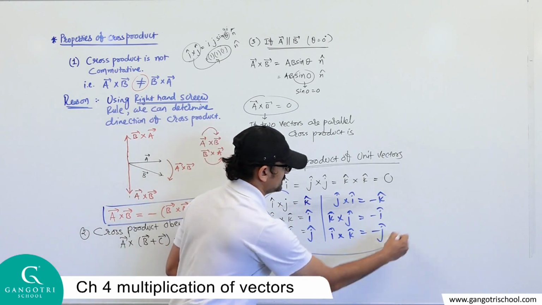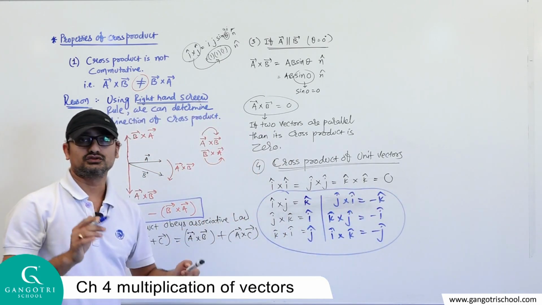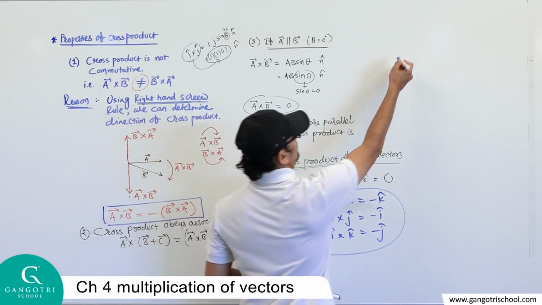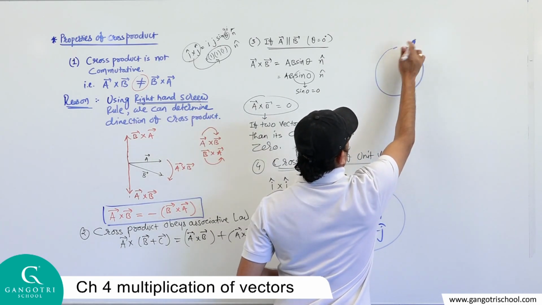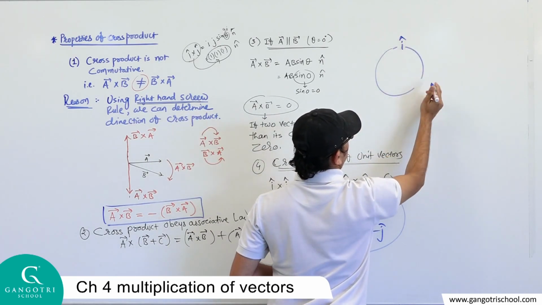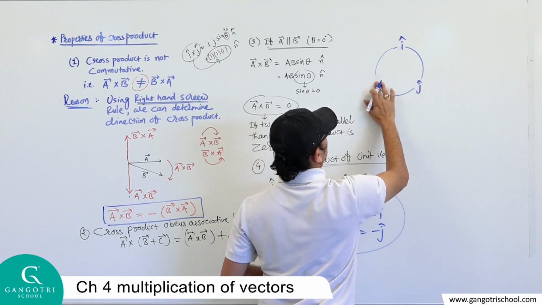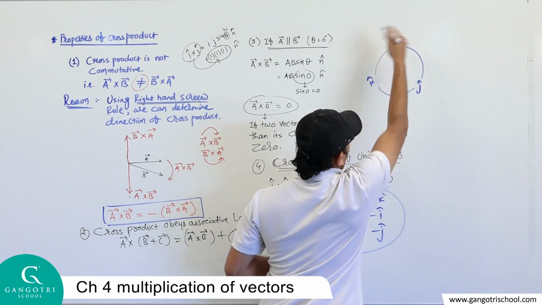If you have confusion in deciding the answer, I'll give you one shortcut method. Consider this is i caret, this is j caret, and this is k caret in a clockwise direction.